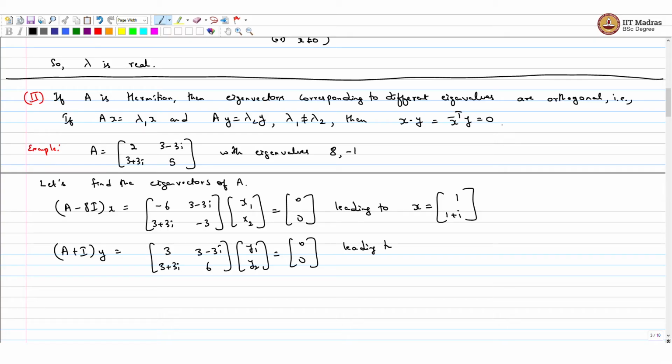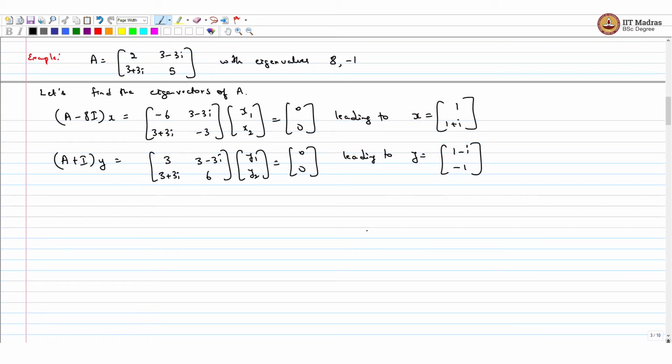And this leads to y equals 1 minus i, minus 1. It's a simple enough system, so I'm just guessing the eigenvectors. You could go about doing this in a more methodical way for larger matrices using Gaussian elimination. But given that this is a simple 2 cross 2 matrix, just by eyeballing you will be able to guess the eigenvectors.